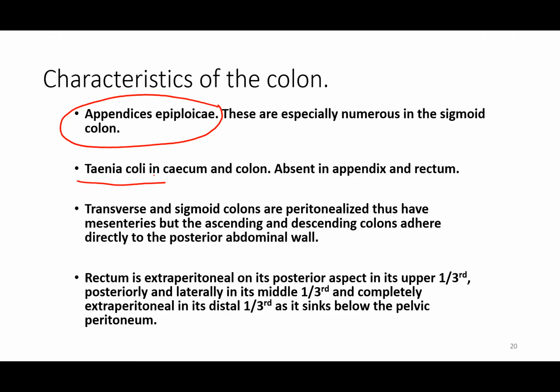The transverse and the sigmoid colon are peritonized, thus have mesentery, but the ascending and descending colon adhere directly to the posterior abdominal wall. Now, there's one important feature of this rectum, where it is only the anterior portion of the upper part and middle part that has peritoneum, and the sides, anterior and sides of the upper and the middle portion.